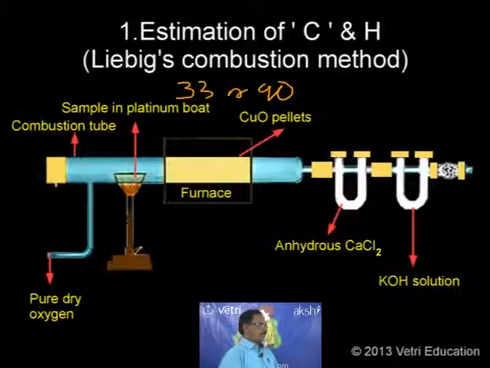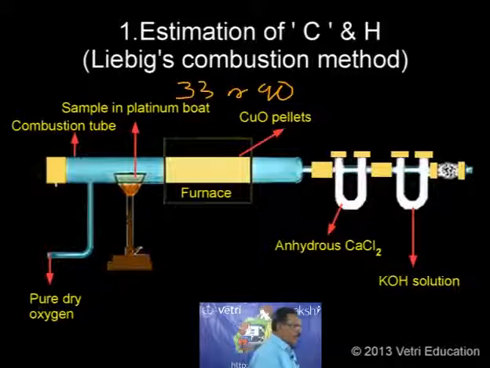Before starting the experiment, we disconnect the combustion tube from the setup and heat strongly, passing pure oxygen, to remove any carbon dioxide and any moisture inside. Then you connect the setup, everything ready.